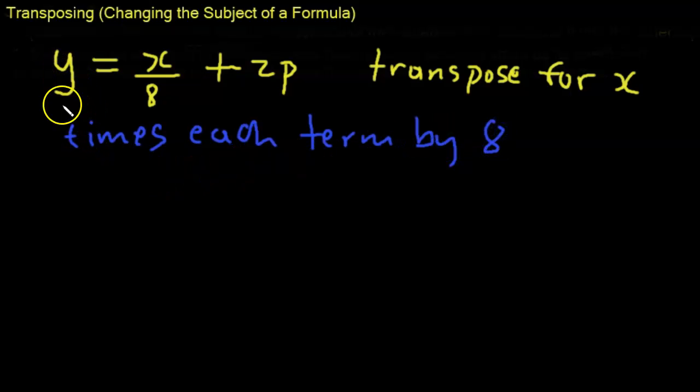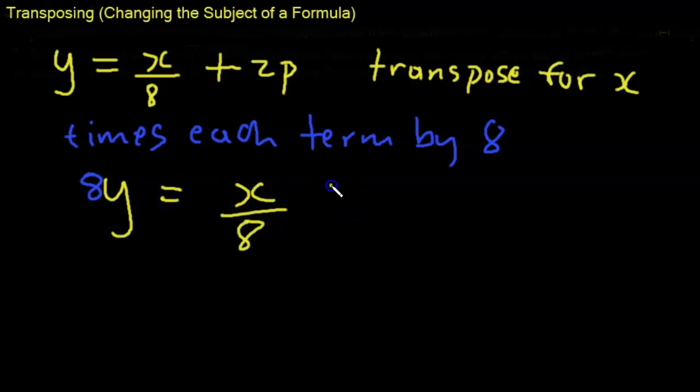Each term. So 8 times y. We have x over 8. We have 2p. So 8 times x over 8. And 8 times 2p. So 8 times the y, 8 times x over 8, 8 times 2p. 8 times everybody.